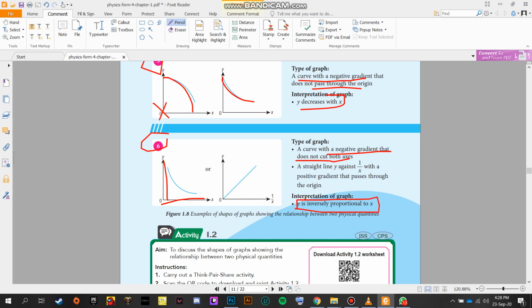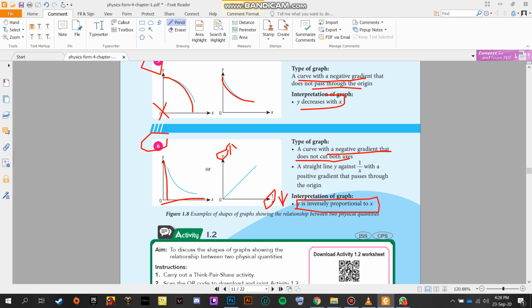And if you can see here, why is this showing a directly proportional graph? It's because you can see the unit down here. This is 1 over x. When y is inversely proportional, this is trying to say that as the y increases, the x decreases.